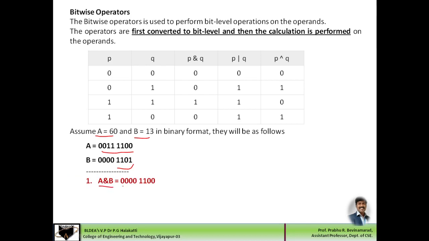The result will be 0 0 0 1 1 1 0 0. If we see here, we have a 0 and here we have a 1, so the result is 0. So to have 1 as a result, both the bits should have the same value, right?